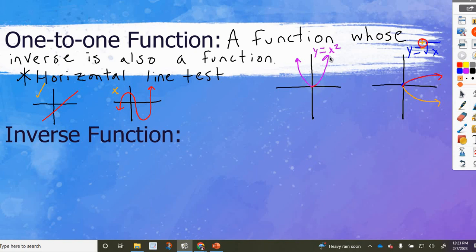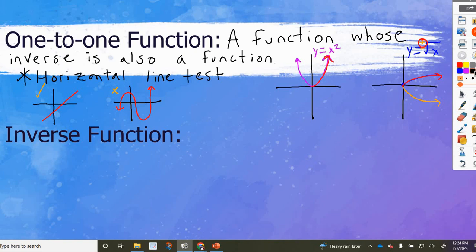Well, I would restrict my original graph to only look at the positive part of that. That way, if I only look at this piece, now this is a function. Does that make sense? So sometimes there's a loophole to kind of get around it. And again, the reason is because we like our things to be functions. It makes everything else work out much nicer if everything is a function.